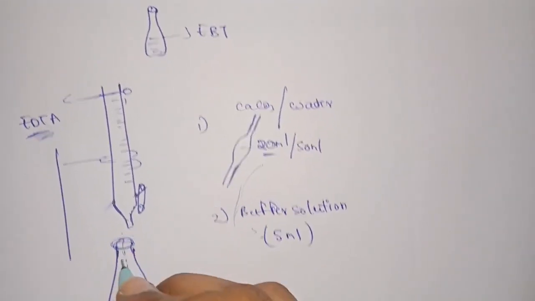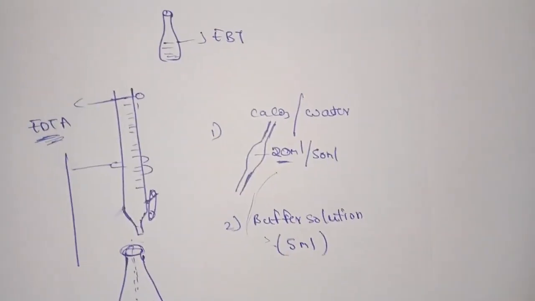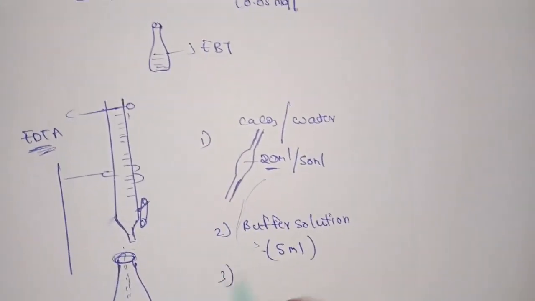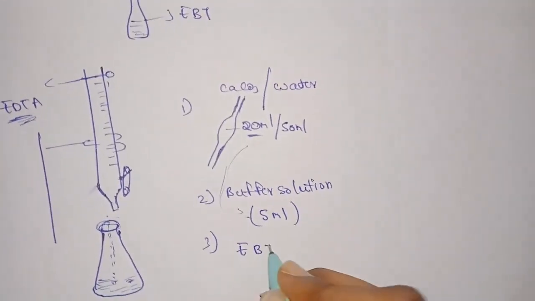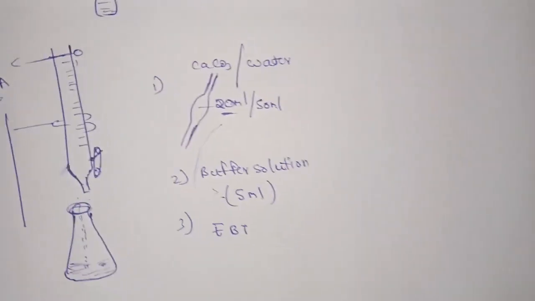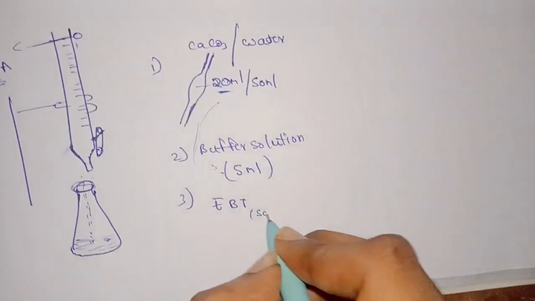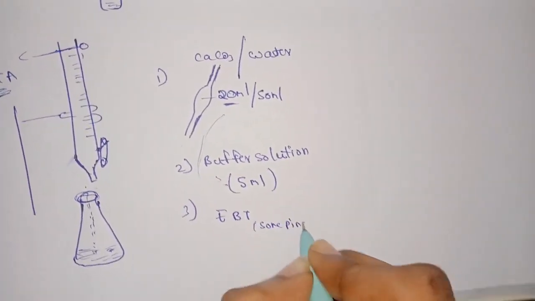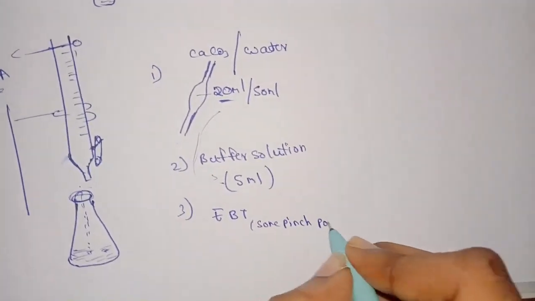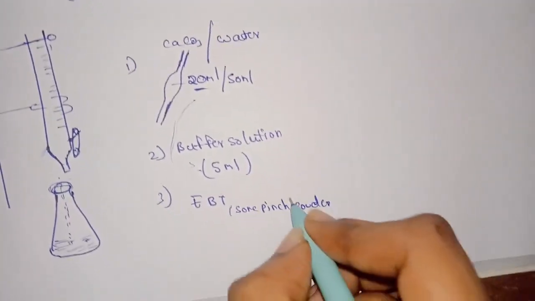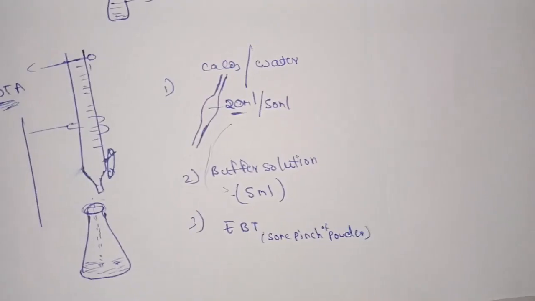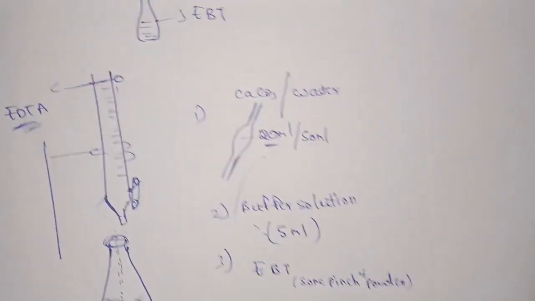After the buffer solution we add EBT, Eriochrome Black T, a pinch of powder, or otherwise it is available in liquid form too, some drops.